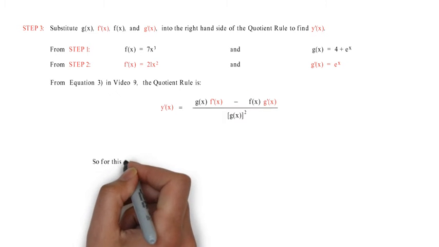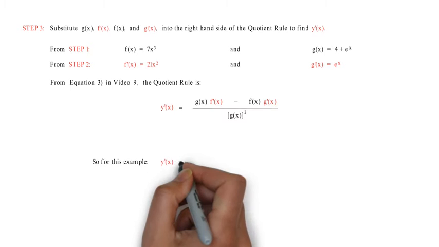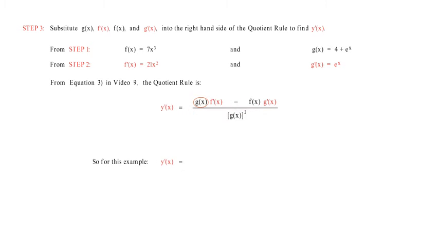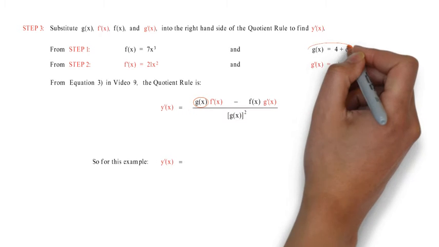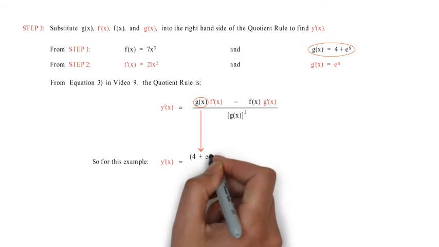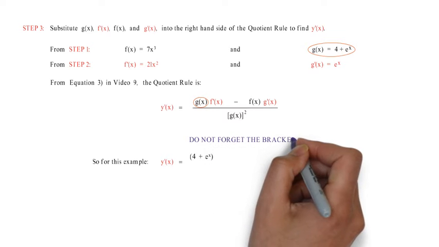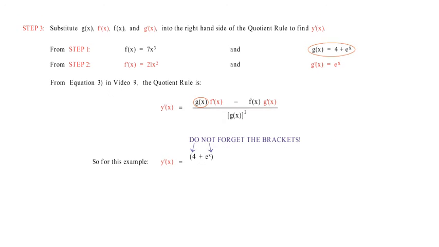So for this example, y'(x) equals g(x), which is 4 plus e to the x. Do not forget the brackets. See Reminder 2.